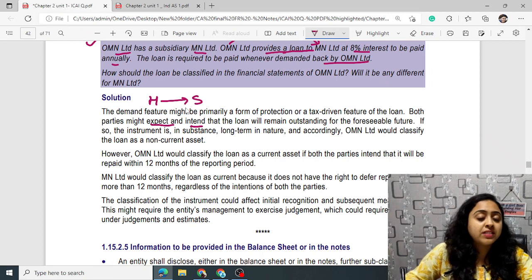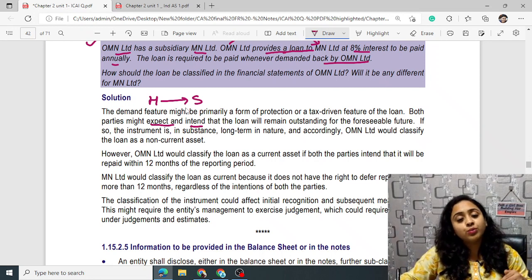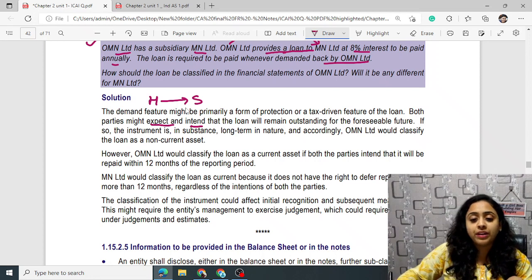Okay, if there was no relation, the amount could be demanded anytime, and therefore it should always be classified as current. But here there is a holding and subsidiary relationship. They are expecting and intending that the loan will continue to be there with them for the foreseeable future. If so, the instrument is in substance long term in nature, and accordingly OMN Limited would classify the loan as a non-current asset.